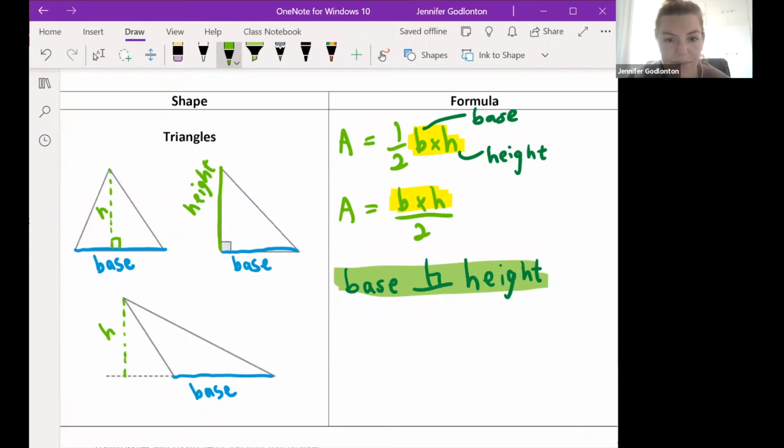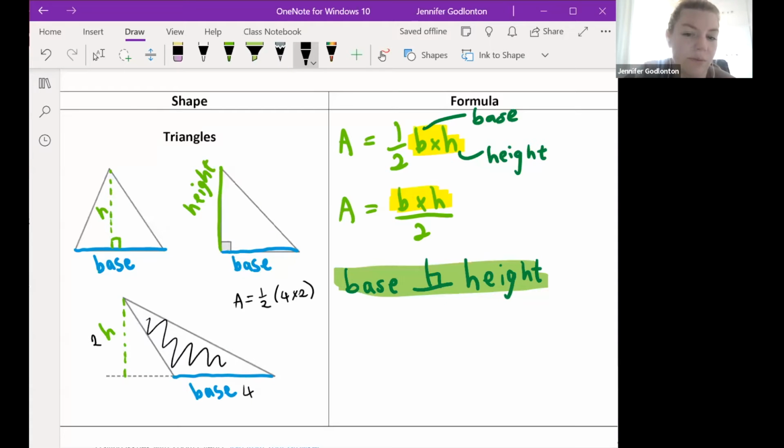As an example, let's say that my base here was 4 and my height here was 2. If I wanted to find the area of this triangle, I would say my area is equal to half of 4 times 2.